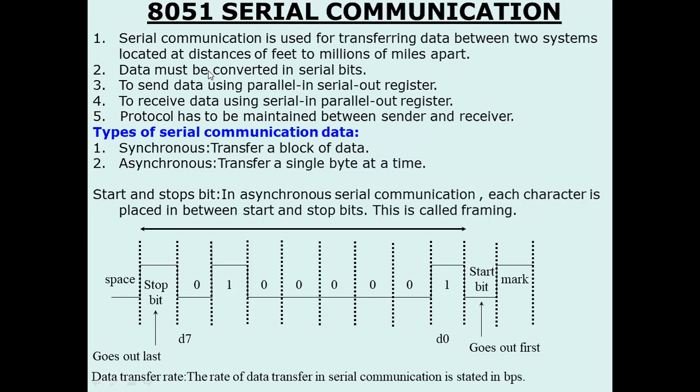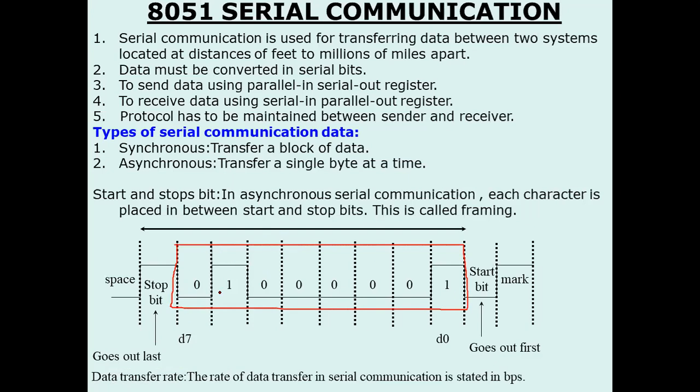But in case of serial communication, in the figure you can see there are 8 bits. So SBUF is an 8-bit register.